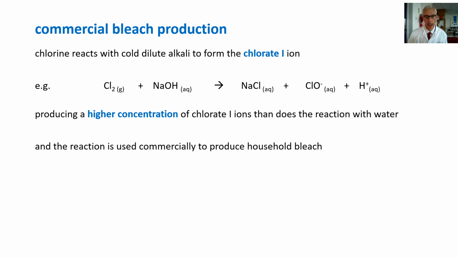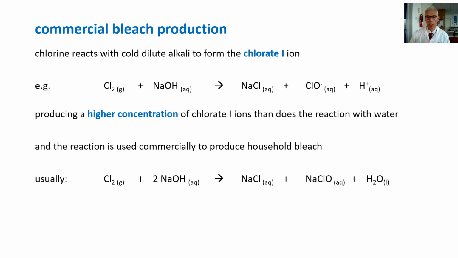However, the reaction for that is normally written with 2 sodium hydroxides. Could you complete that equation? So we've got 2 sodium hydroxides to account for, so rather than forming the chlorate ion, we're going to form sodium chlorate. So rather than the chlorate ion as in the first reaction, we're going to form sodium chlorate, so we're now balanced for sodium ions.